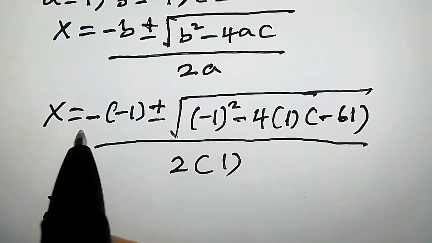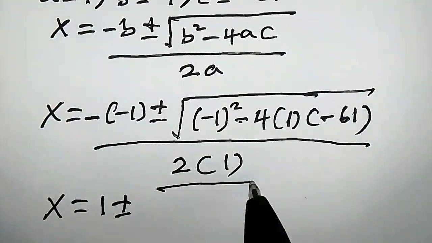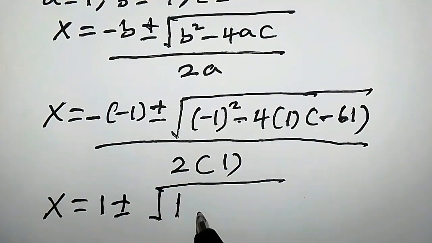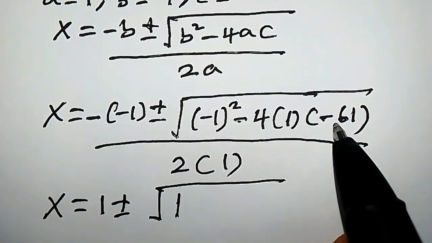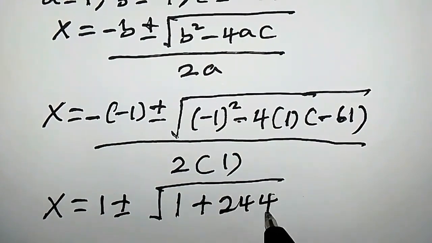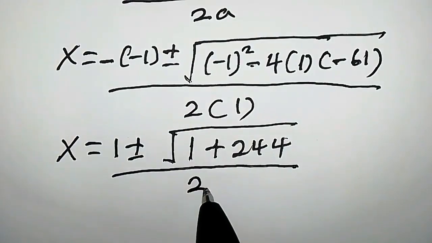X is equal to minus times minus 1, that is 1, plus or minus square root of minus 1 all squared, that is simply 1. Minus 4 times 1 times minus 61 is plus 244, divided by 2 times 1, that is 2.